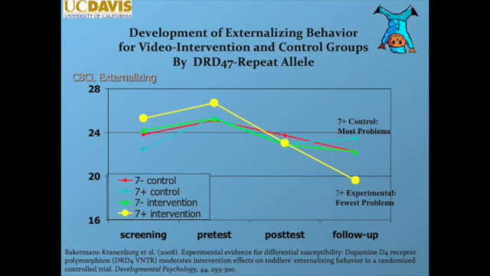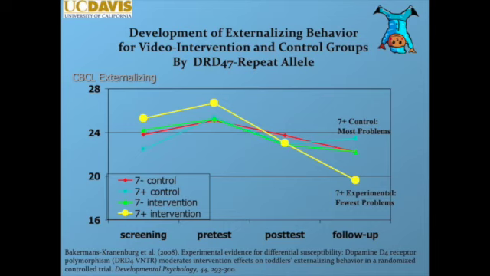Here we see a video intervention done to reduce externalizing behavior, carried out in the Netherlands, looking this time at the dopamine receptor gene. What I want you to pay attention to is the yellow line and the light blue line. The yellow line is the kids in the experimental treatment group. The mothers got the video intervention, and the kids carried the susceptibility allele, the 7 repeat.